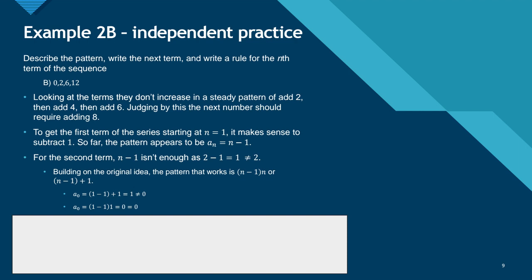But 1 minus 1 times 1 equals 0, and that equals 0. So it looks like the correct pattern we want to use is a sub n equals the quantity n minus 1 times n, I'm sorry. So go ahead and test this out for the third and the fourth terms of the sequence, and then use that to determine what is the fifth term of the sequence.